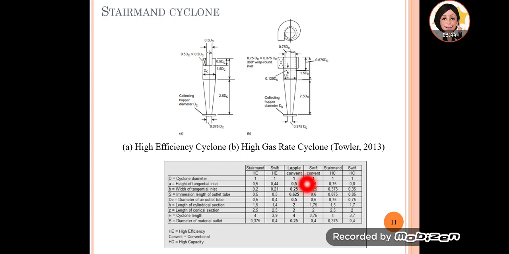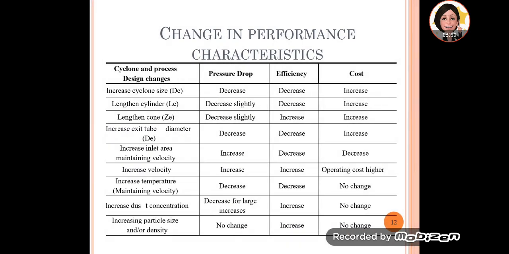Okay, so in our course we'll be using the Stairmand cyclone. Here you can see that when there is a change in the design, that means in the length of the cylinder or the parameters of a cyclone, it affects the pressure drop and the efficiency, and subsequently the cost of the operation as well.